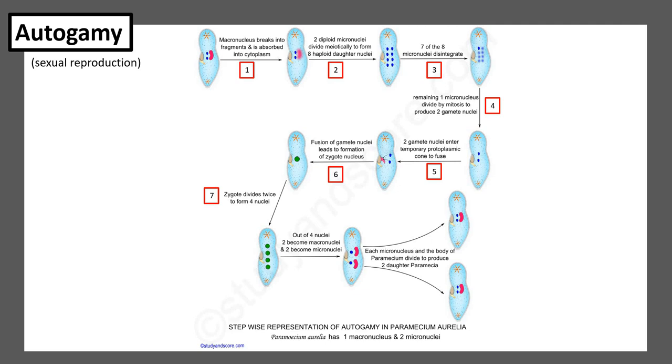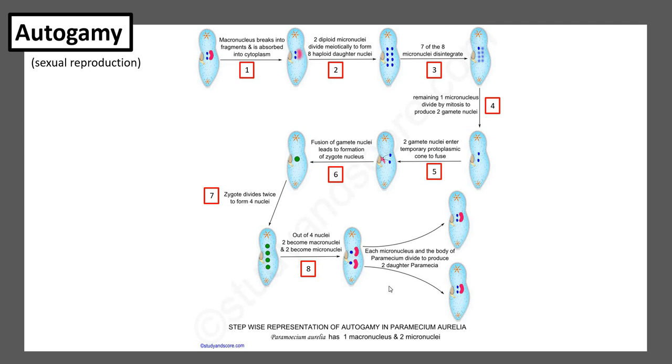So you're going to end up with 4 of the micronuclei instead of just 1, but they're all identical. And what happens is 2 of them become micronuclei and 2 of them become macronuclei. So it has twice the information here.